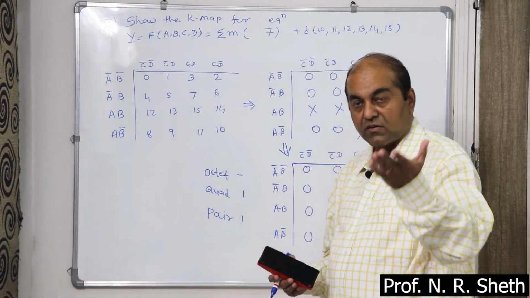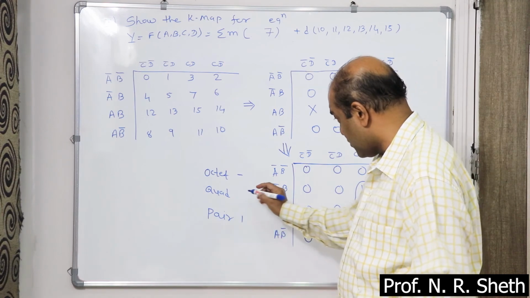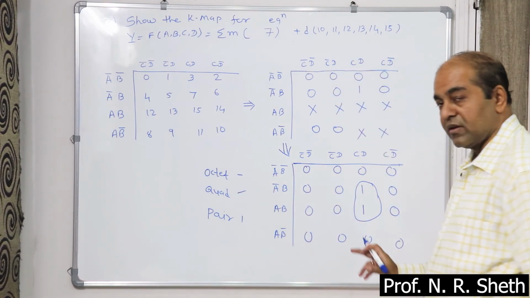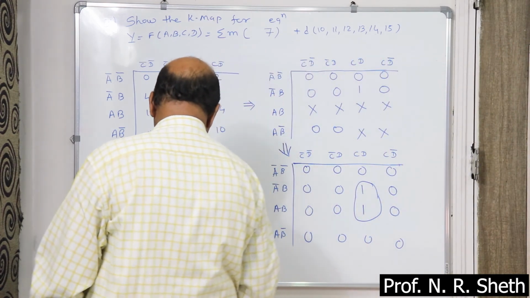In the previous we have 1 quad 1 pair, but in this, if I prepare the K-map in this way, I have a single pair. So this is more appropriate.